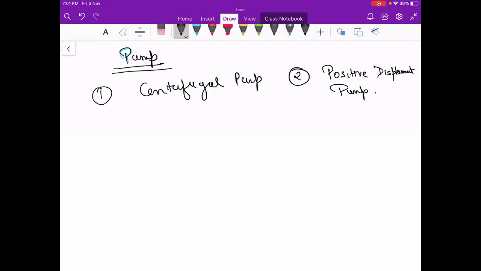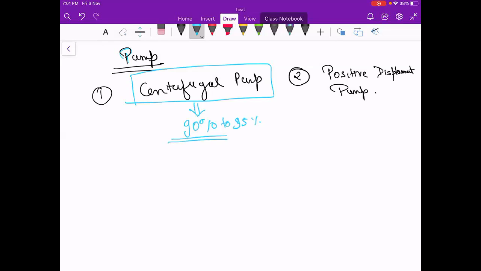If I talk about application wise, the centrifugal pump is used 90 to 95% in the chemical industries, and the positive displacement pump is used 10 to 5% in the chemical industry.